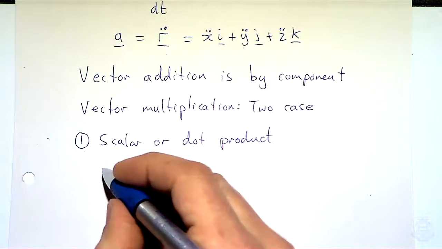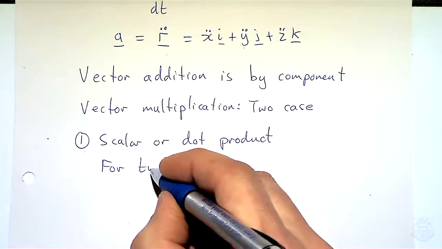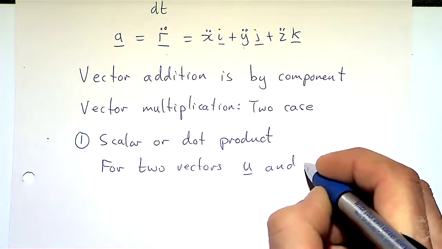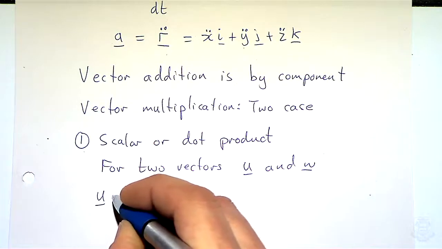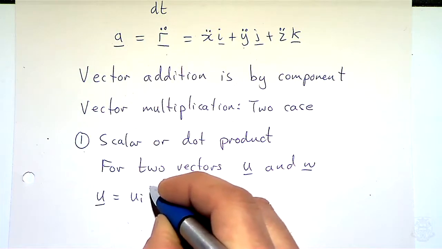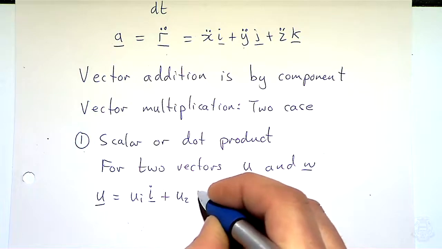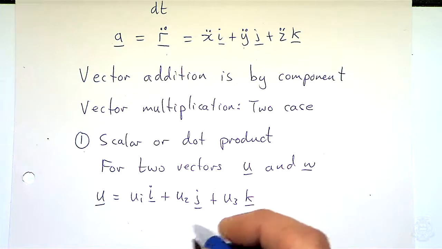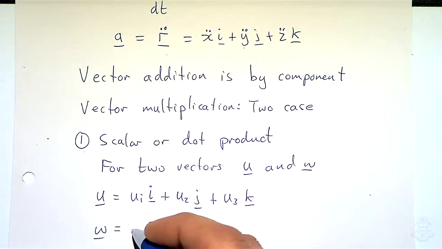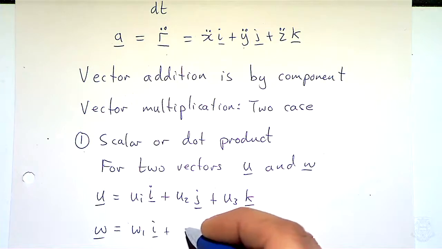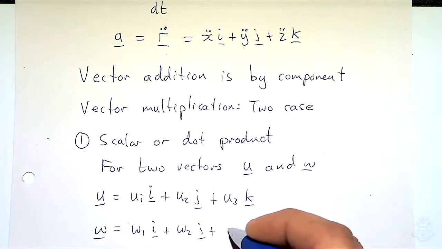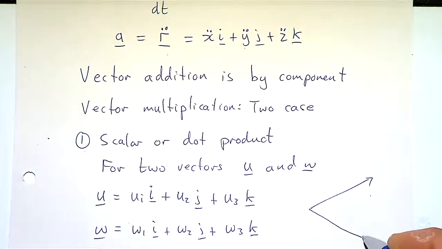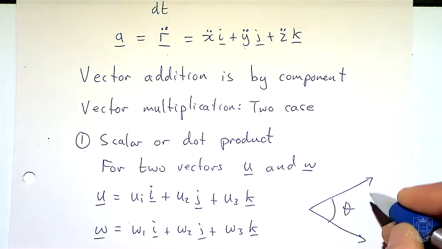So for two vectors, u and w, u is equal to u1 i plus u2 j plus u3 k. w is equal to w1 i plus w2 j plus w3 k. And we can think about these two vectors as having an angle theta between them.